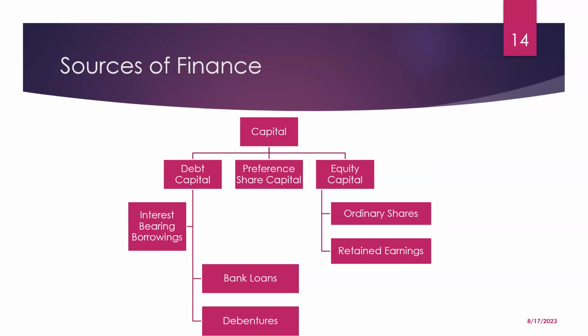And on the other hand, we have equity capital, right? If we want equity capital, we have to issue ordinary shares. If we are issuing ordinary shares, then we are increasing the ownership of the company, creating new owners of the company. And you can use retained earnings as equity capital as well.